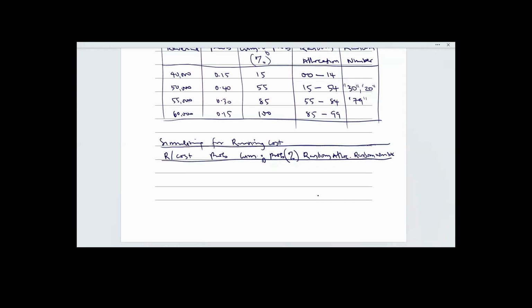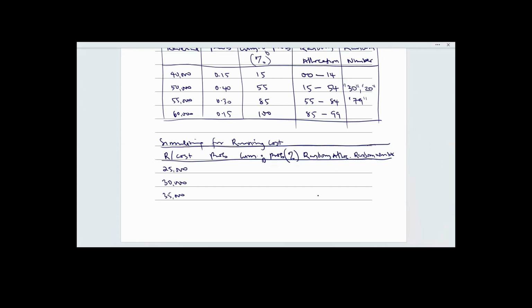The running costs given to us in the question are 25,000, 30,000, 35,000.